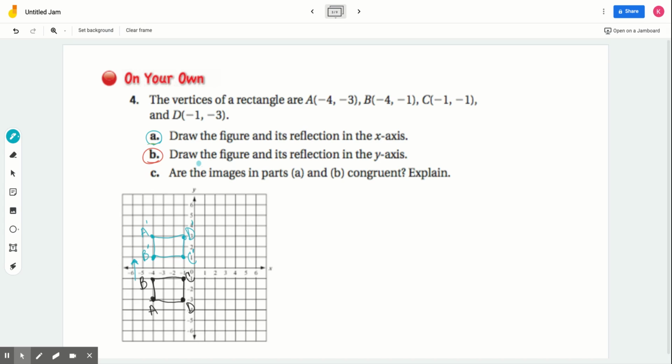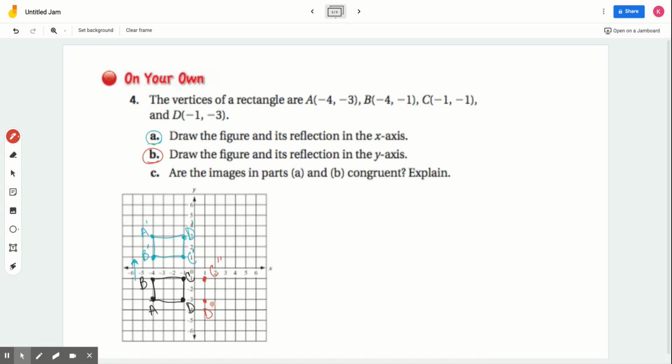Now, starting back with the original image, reflect it in the y-axis. So reflecting it in the y-axis is going to reflect it across that y-axis line. So again, starting closest to the axis line, C is 1 away. So this we're going to call C double prime because it's the second new image. D is at -3 and 1 spot away.